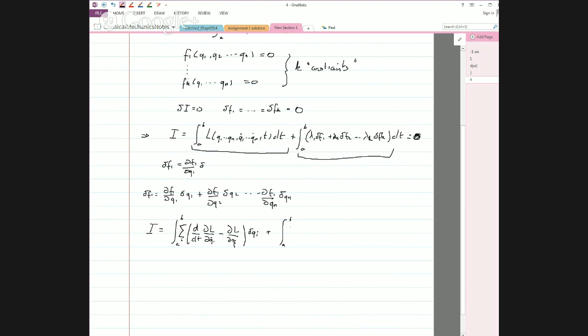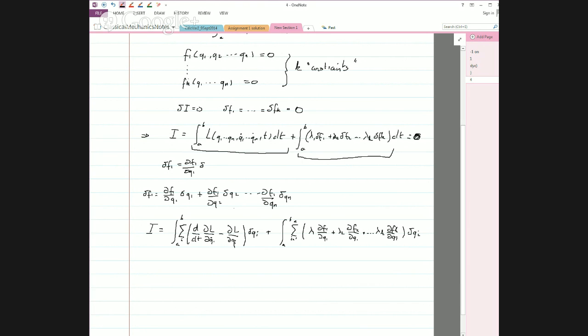So that's also going to be a sum of the n, lambda 1 ∂f1/∂qi plus lambda 2 ∂f2/∂qi plus lambda k ∂fk/∂qi in front of the delta qi, right?